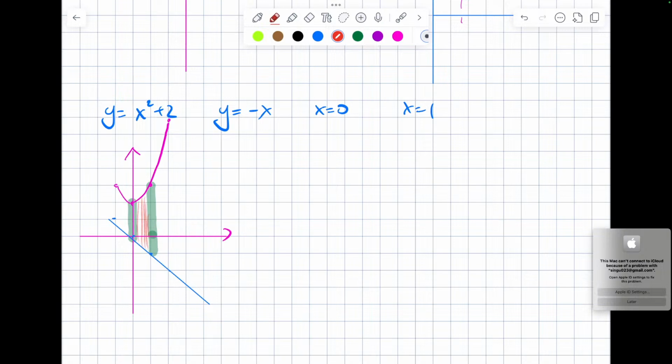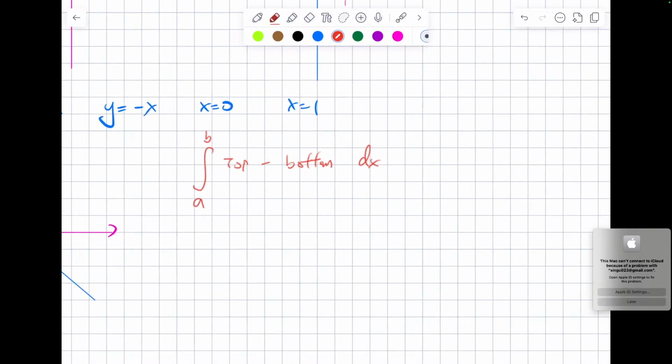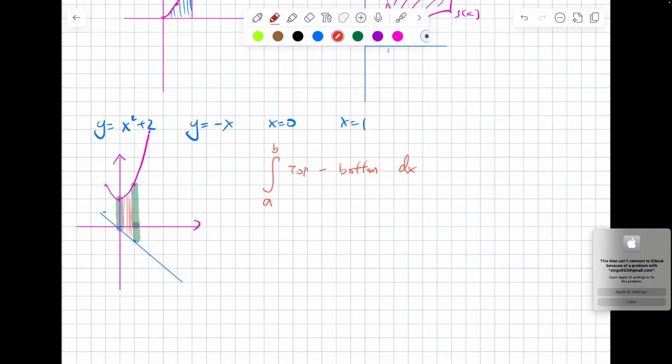Is that okay? So once you sketch your graph and you want to find out the area between the graphs, that's just integration. The way to do it is always from a to b of the top graph minus the bottom graph, and usually it's dx. Now, at times, you might have to deal with another situation.